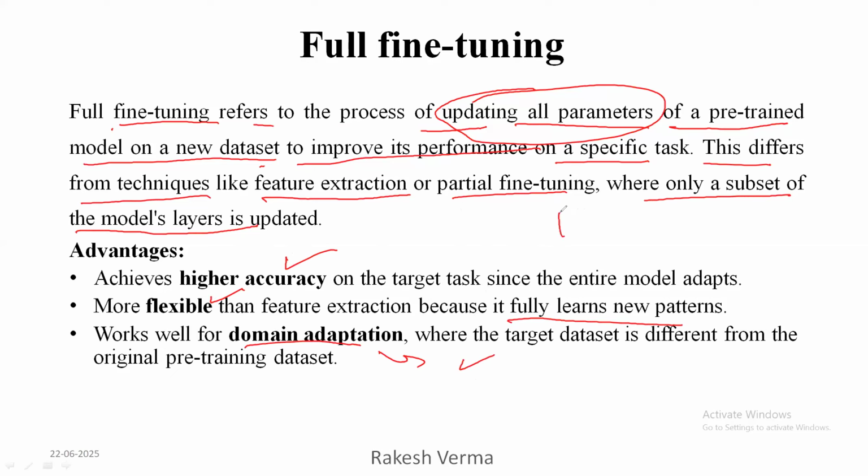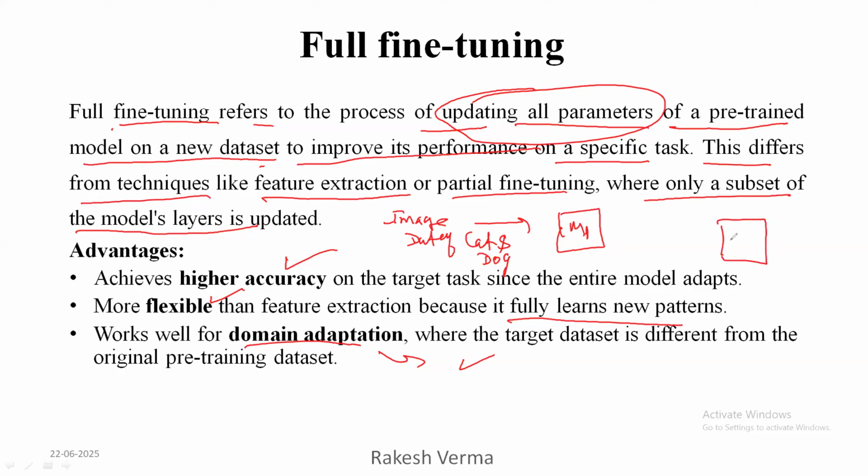That means we can say a particular model is trained on another domain of data, like image data of a cat and dog. So this model, M1, is already trained on this image dataset of cats and dogs.